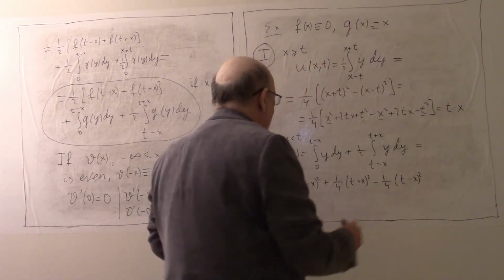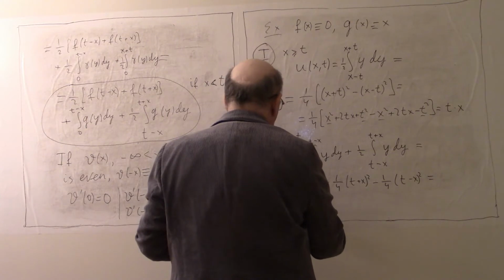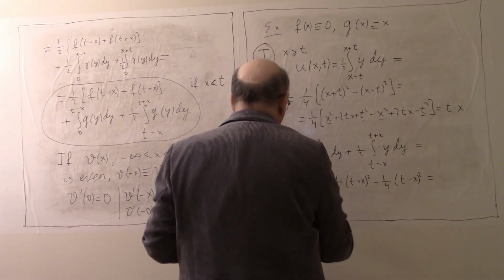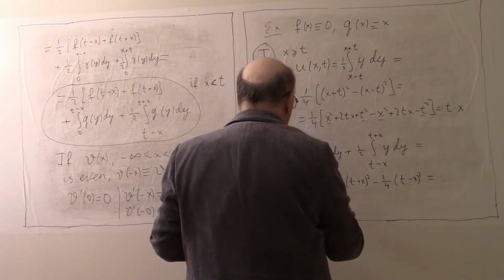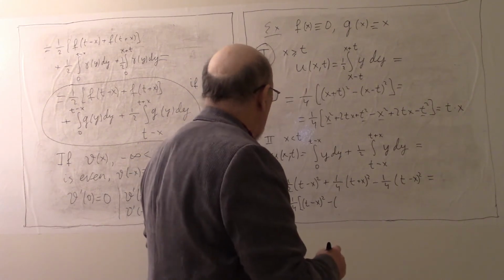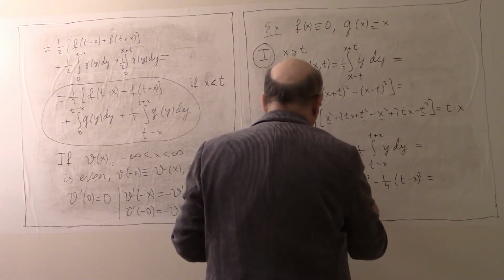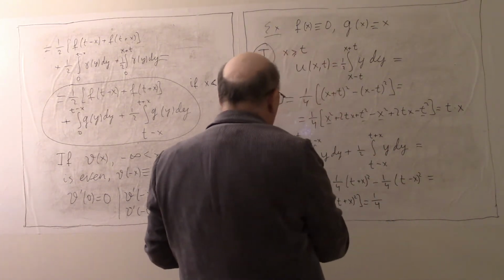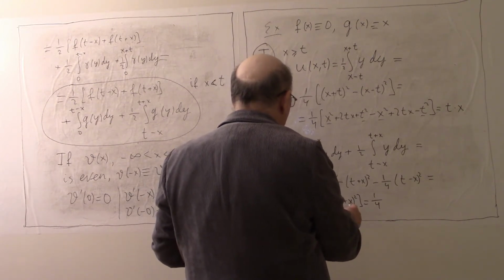Yes, I integrate it, equals 1/4 (t minus x) squared plus (t plus x) squared, equals 1/4 t squared minus 2tx plus x squared plus t squared plus 2tx plus x squared.